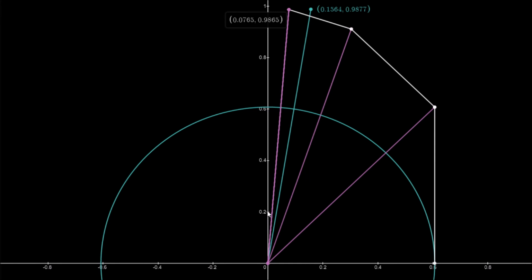So 81 degrees here for this little blue line is going to be a height of 0.9877. And you can see that because of the granularity that we have chosen for the angles, at this point here we're going to add on a fixed angle, and that's us added on that fixed angle. But when we add on that fixed angle, you can see that the height here, 0.9865, is actually less than this height.